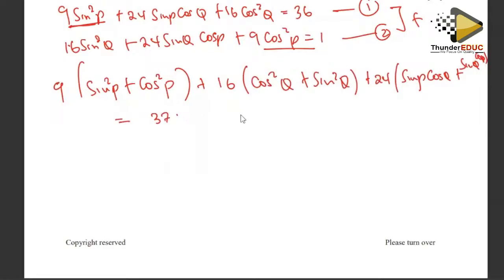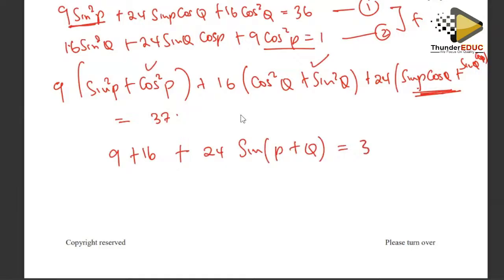Okay, so we know that sine squared plus cos squared is 1. That's a 1. Means 9 plus 16 plus, this is now going to give us a compound angle. Sine p cos q plus sine q cos p is the same as now 24 sine of p plus q, which is equal to 37. We know that 9 and 16 is 25.